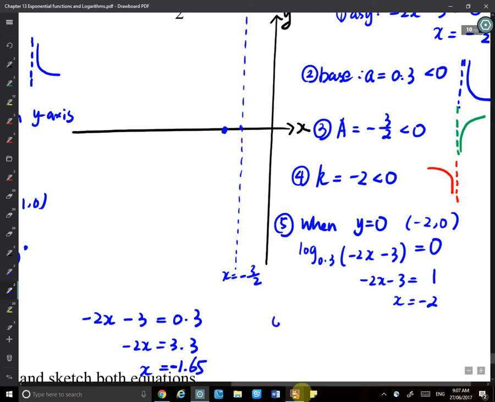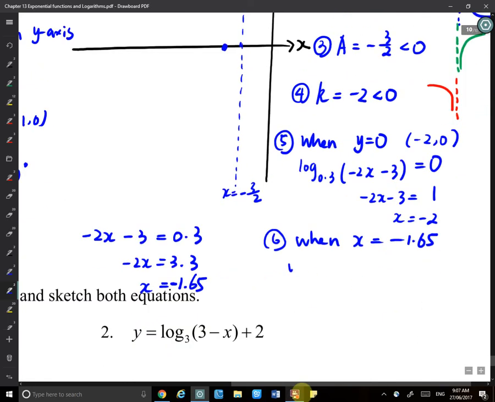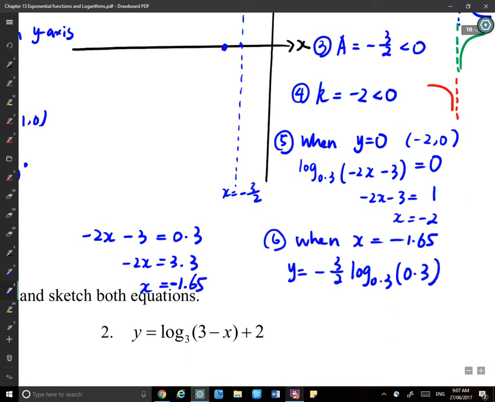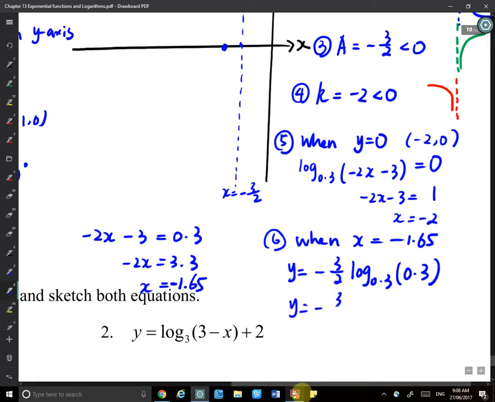So when x equals minus 1.65, y will be minus 3 over 2 log 0.3 of 0.3. On purpose, I want to make the bracket become 0.3, and I find that x is minus 1.65. And I have y equals minus 3 over 2.